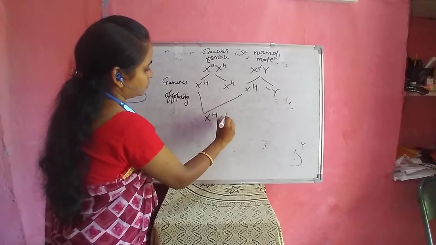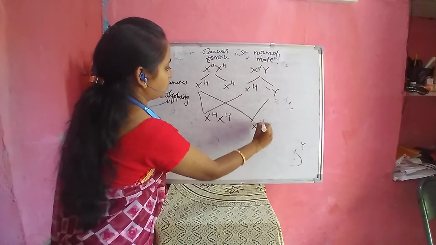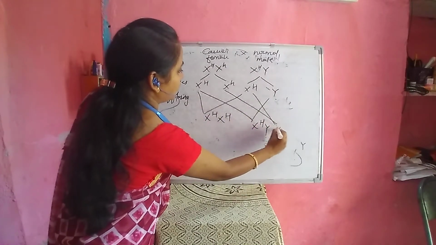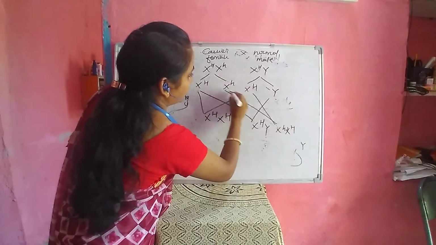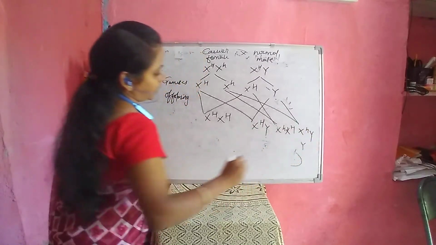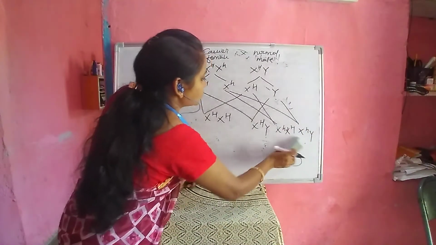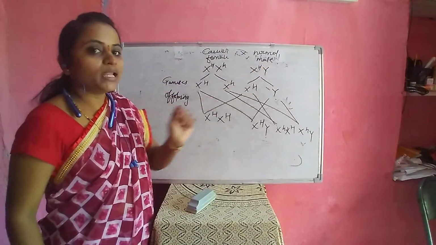Both X chromosomes with the dominant gene, then recessive gene with Y, then X recessive and X dominant, and the last one is X recessive and Y. You can see here that 4 different types of offspring are seen when the carrier female crosses with the normal male.